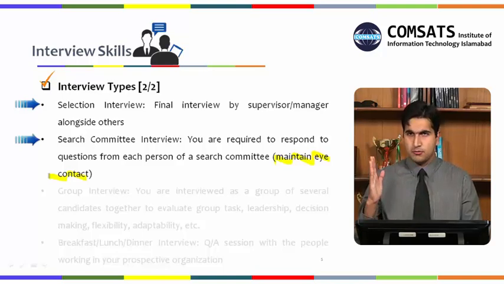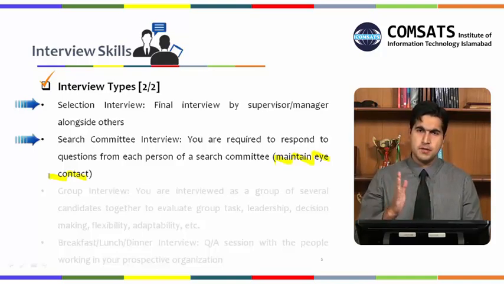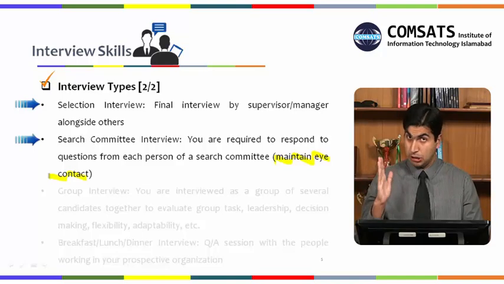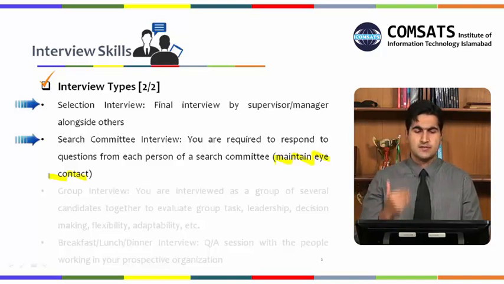You do not just talk to a single individual, rather you involve each and every one, but of course a bit more focused towards that particular person within the search committee who has actually asked the question. So that's the way you maintain the eye contact.